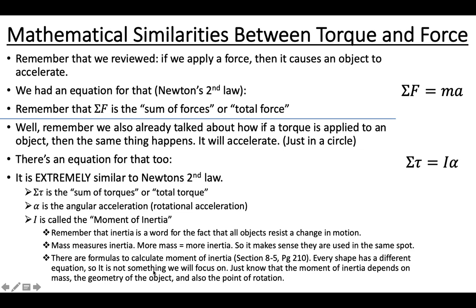Okay. There are formulas to calculate moment of inertia. It's in section 8.5 on page 210 in your textbook. And every shape has a different equation, so you're not going to be expected to memorize those things. AP has even put out there that they're not going to expect you to know those equations. They will give you those equations, so that does mean that you need to know how to use them.